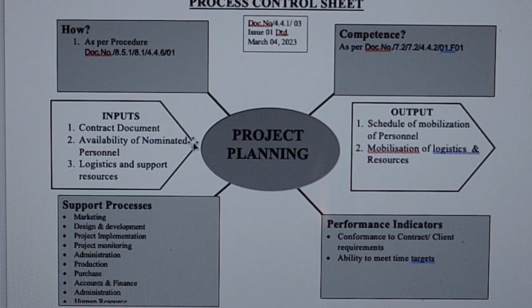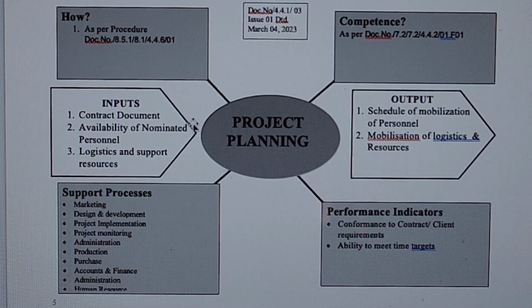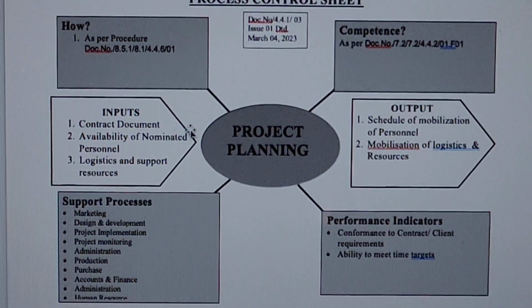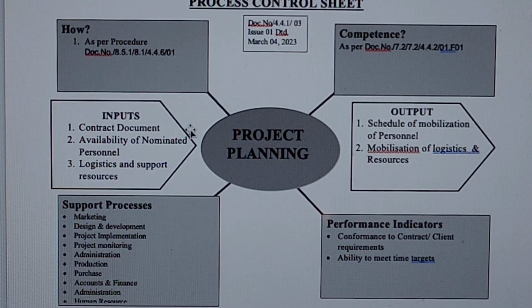So sequentially, if we see, project planning is the third process, and here also we have put the same kind of information, how the process is carried out. There is a procedure, we have put the name of the procedure, then the competence, who is capable of doing this process.